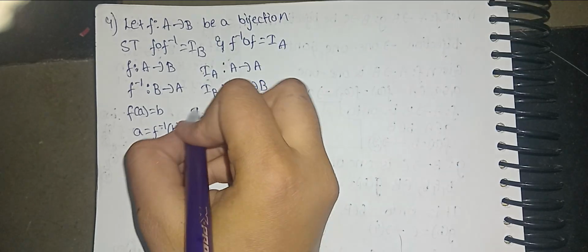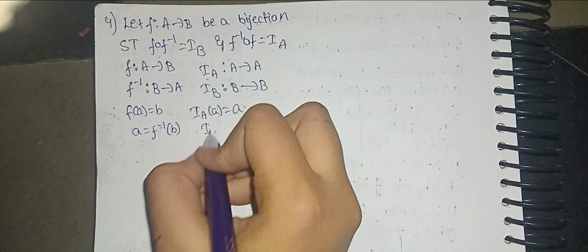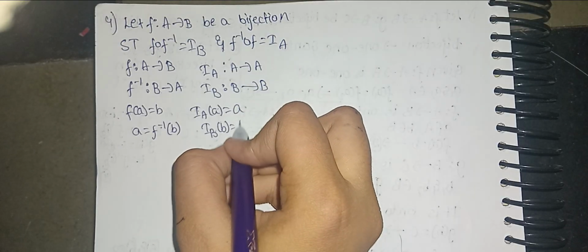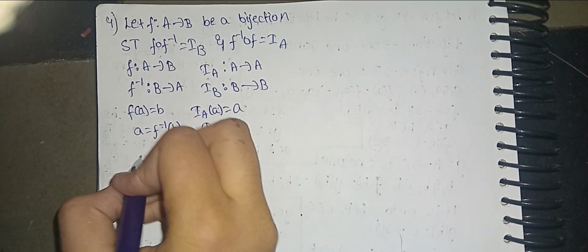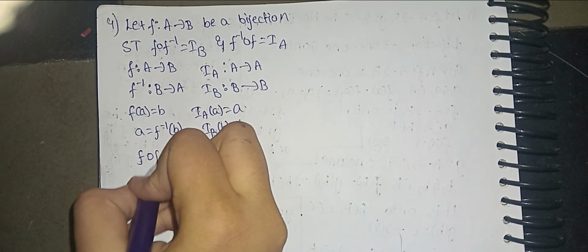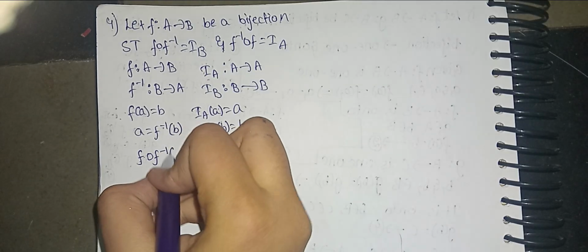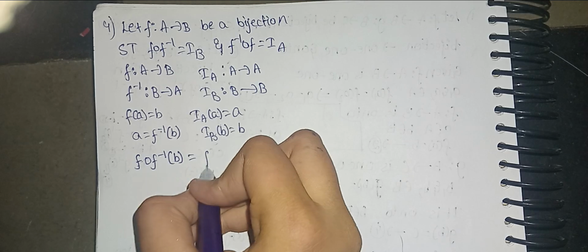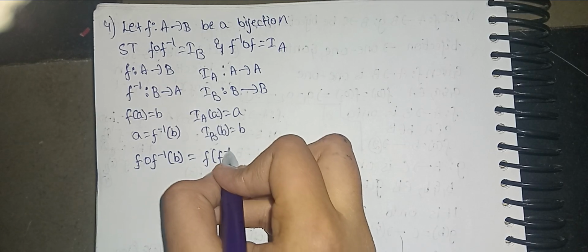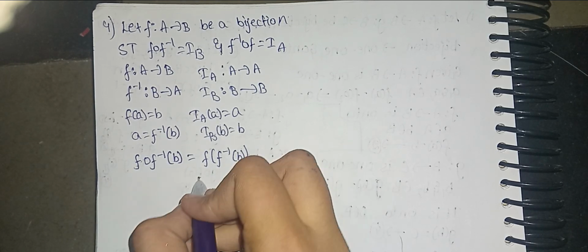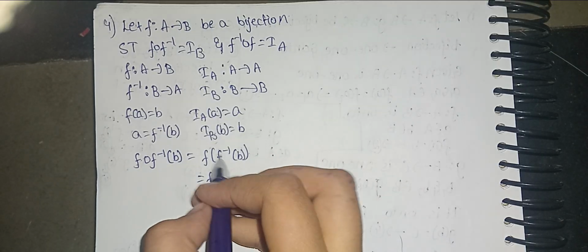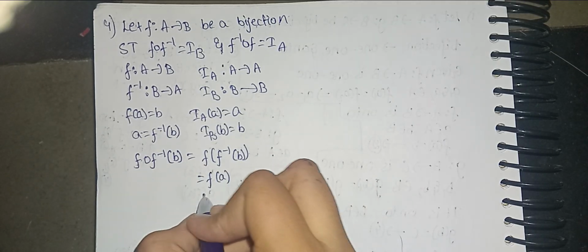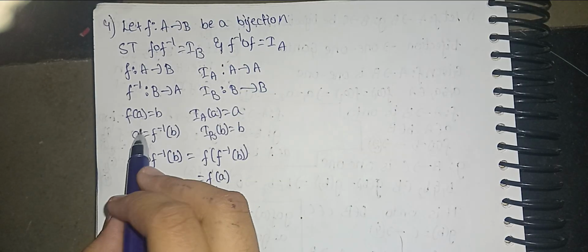Here IA of a is equal to a. IB of b is equal to b. Okay, now we'll take this first. f of f inverse of b is equal to f of f inverse b. What is f inverse b? a. f of a is equal to b.